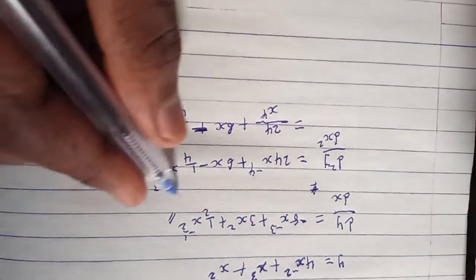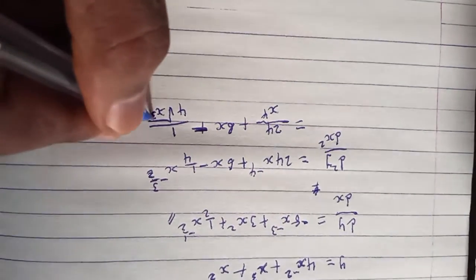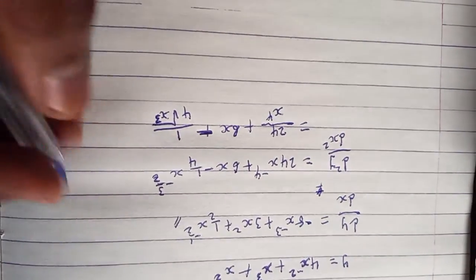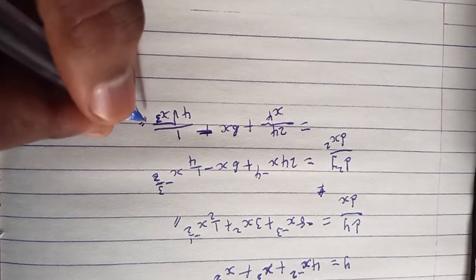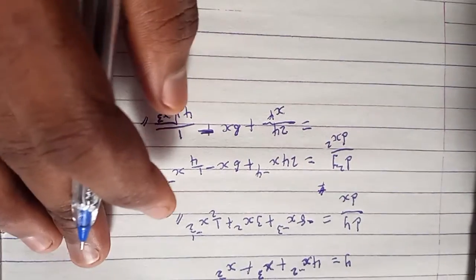Have you seen that rewriting this that way? If you can't rewrite that one, that means that your indices is not well stacked. So let's move on. This is really the answer.